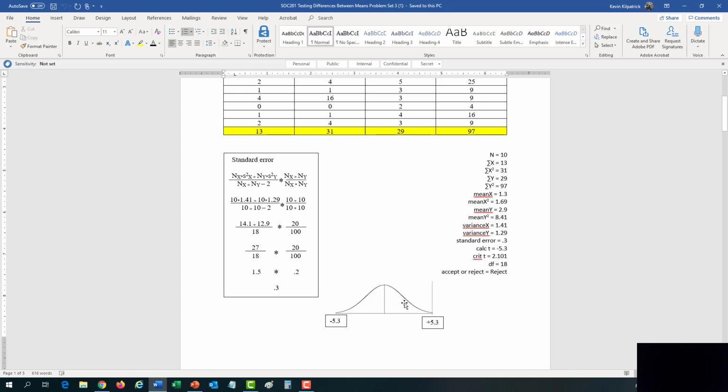But since it's a two-tailed test and there exists areas with 5.3 on both sides of the mean, and the critical T exists on the right, as does positive 5.3, that's why you're going to reject the null hypothesis. Okay?